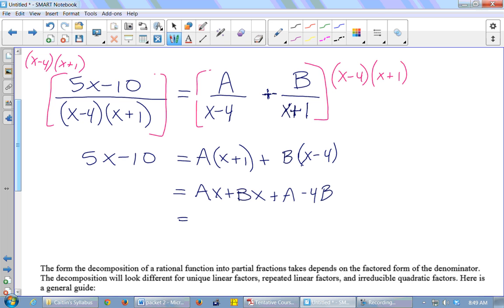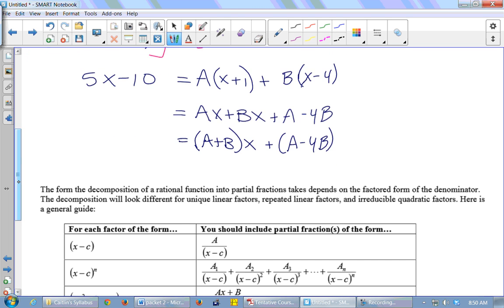So ax plus bx, combine those like terms, and you have a plus b times x. And then a minus 4b, that's going to be my constant term. I'm just putting parentheses around it to say this is a whole term, just a constant. And that has to equal 5x minus 10.